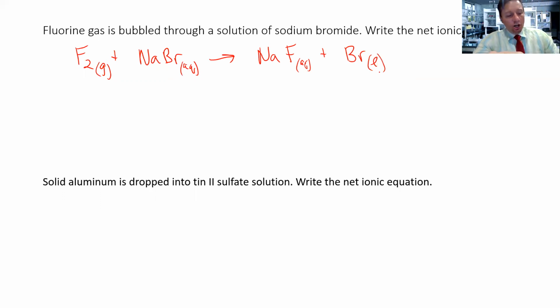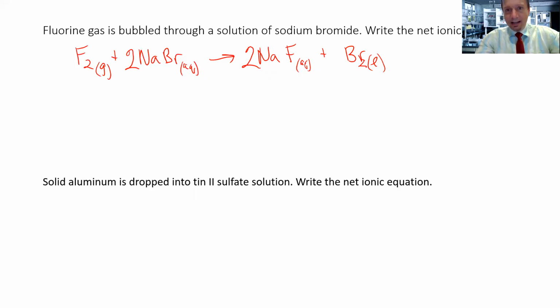It's that reddish colored liquid. And that is Br2. Bromine is diatomic. So now I have to balance this. I'm going to come over here and put a 2, and I'm going to come over here and put a 2. So that balances. I have F2, F2, 2Na, 2Na, and I got 2Br, 2Br.